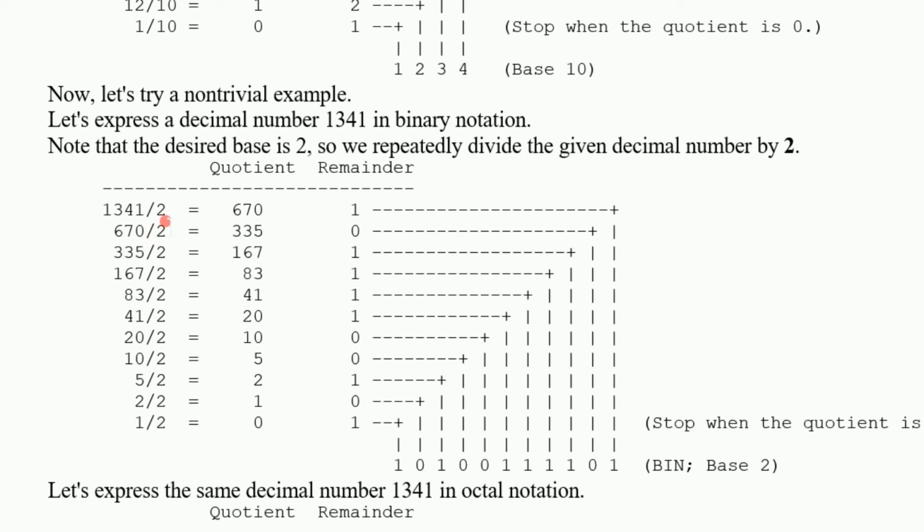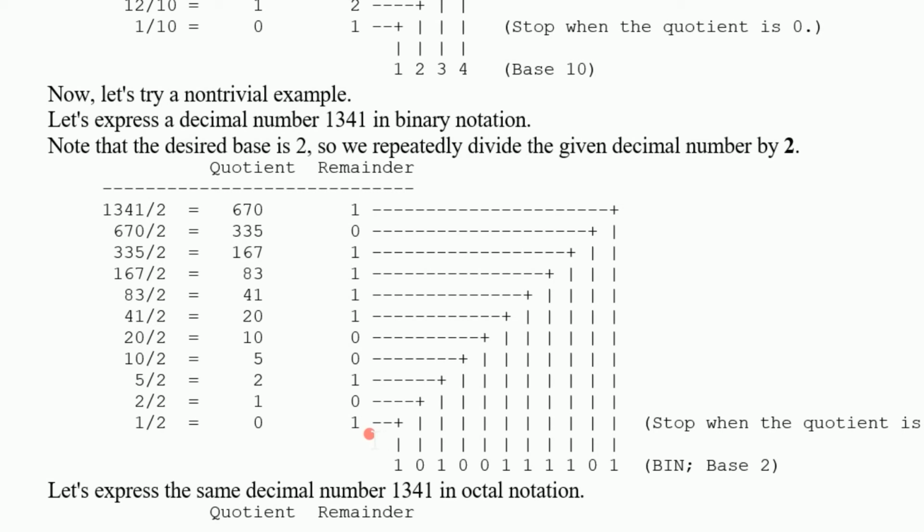You can see the process here. 1341 is the first number. Whatever quotient comes, we take it and divide it by 2 to find the next remainder. Again 167 by 2 is 83. 83 by 2 is 41. In this way we will continue.